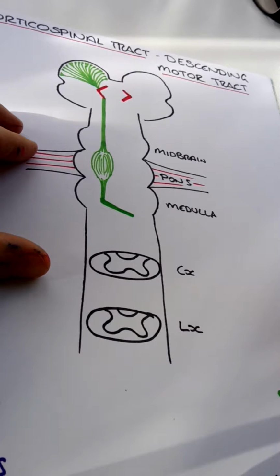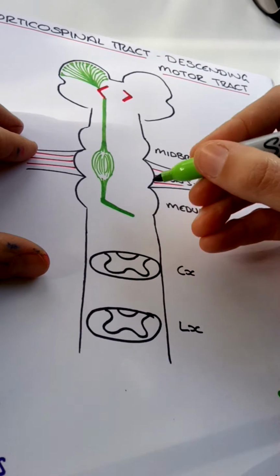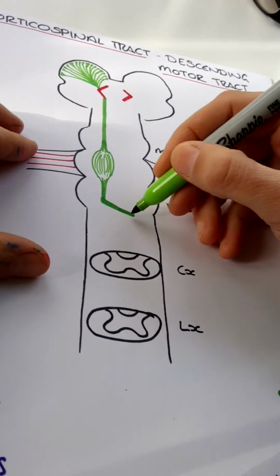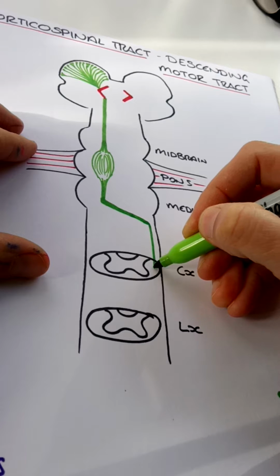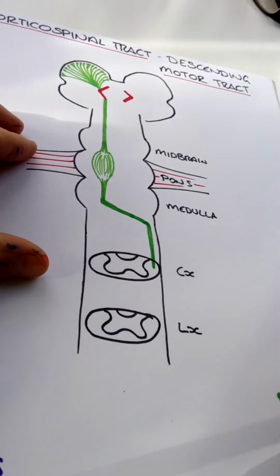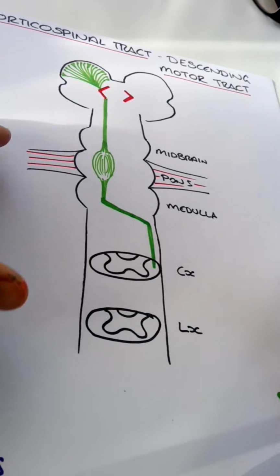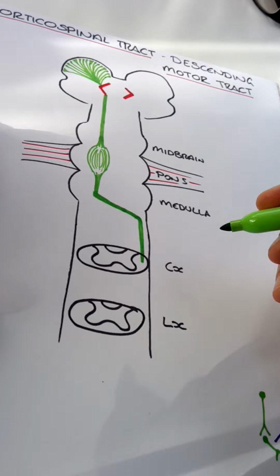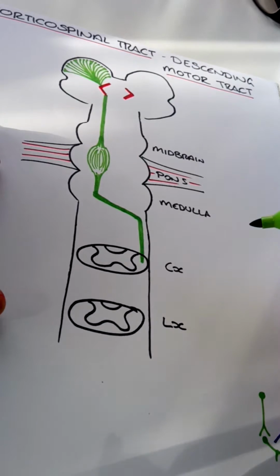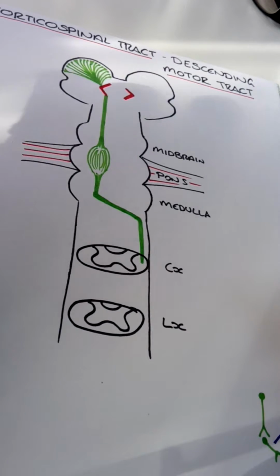Once they decussate, they continue down the spinal cord, and we shall draw that thus. Then they will synapse with the appropriate motor neuron in order to make an action.